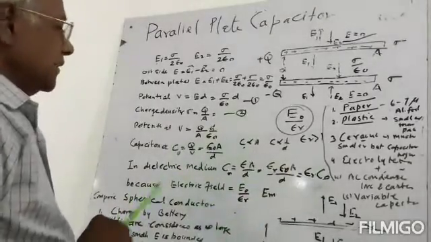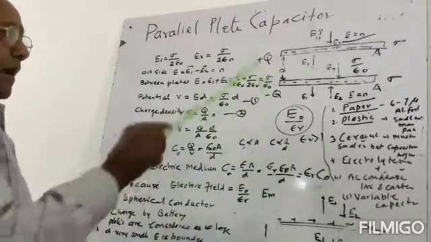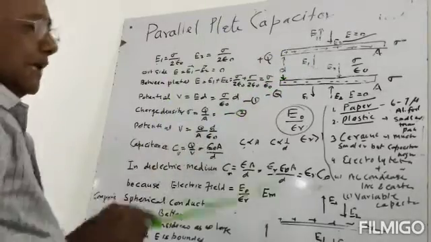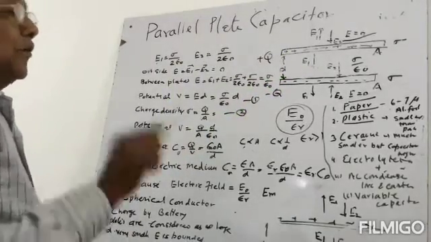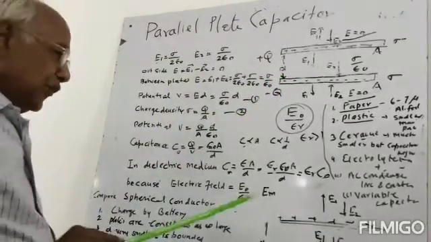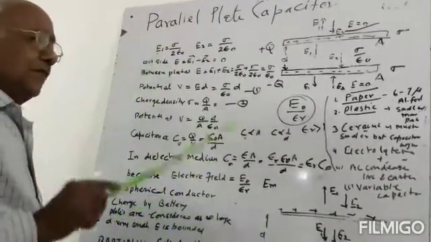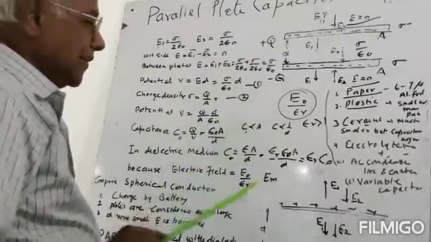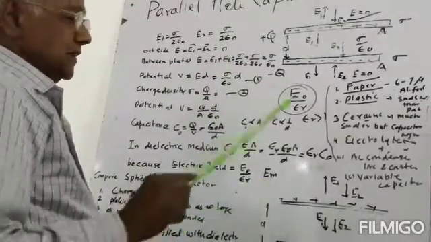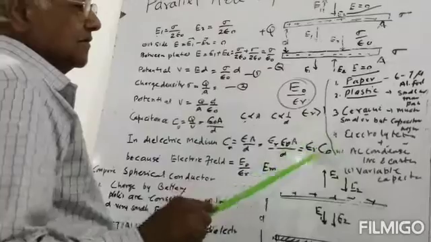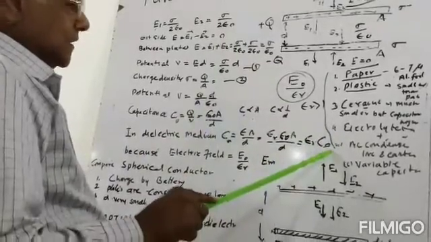So we can say that by placing the dielectric, the electrical field will be reduced, potential will be reduced, therefore capacitance will increase, and the capacitance with the dielectric medium is always epsilon R times the capacitance when air is there.